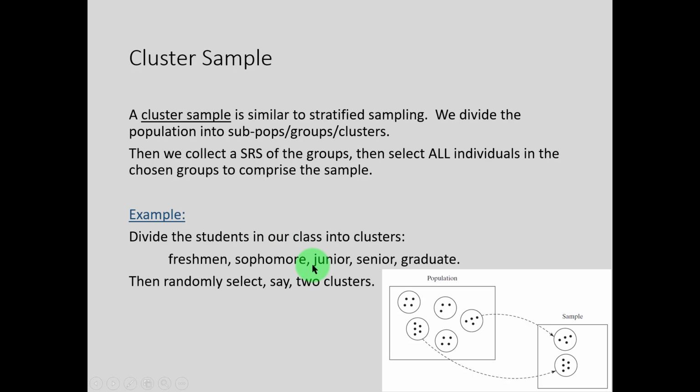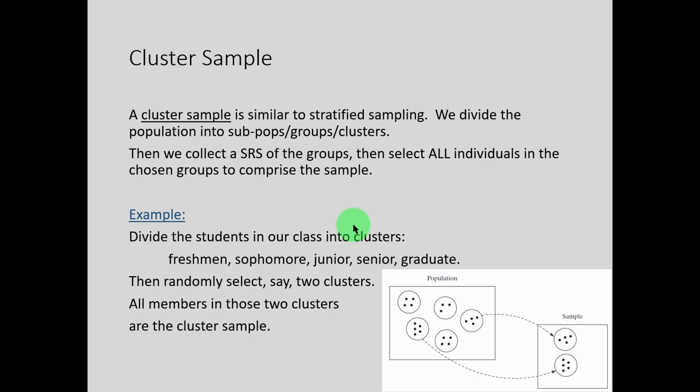I'm just pulling out the number 2 from nowhere. So all members in those 2 clusters would form the random sample. So it would potentially be a group of all sophomores and all graduate students, or the sample would be composed of all juniors and all seniors. So it grabs up the entire group.